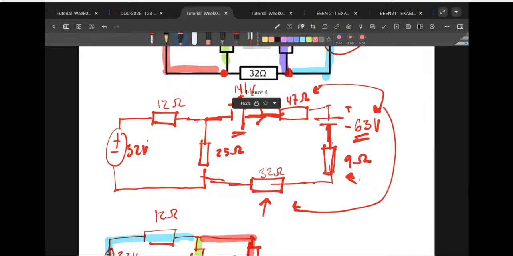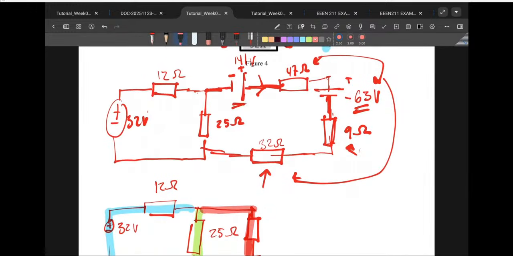Remember to add the, so let's go to, we can do our nodal analysis, and then from then on we can start to work on it.